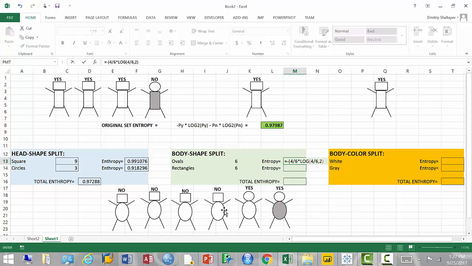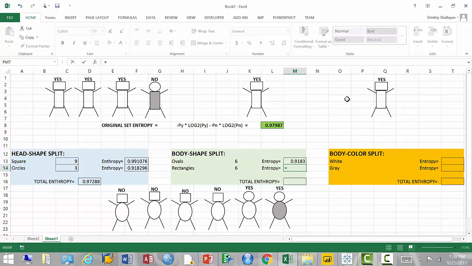Plus, and the yeses are 2 out of 6, right? 2 out of 6 multiplied by log 2 out of 6 base 2. 0.91. Yeah, there is a reduction, right? Compared to 0.97 that I had originally. But is that a huge drop? No, not really.